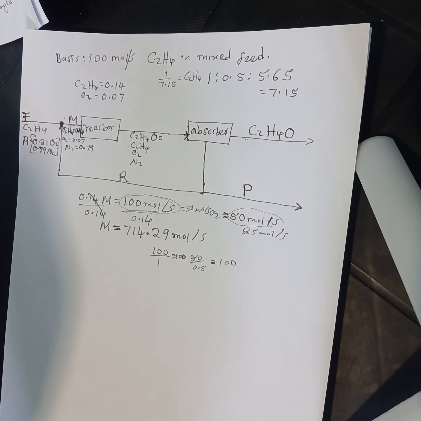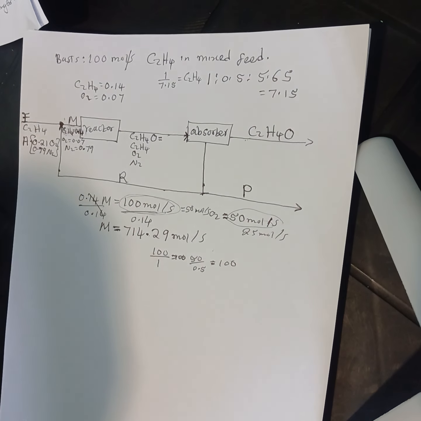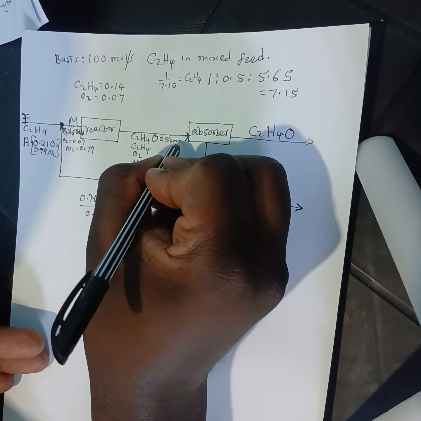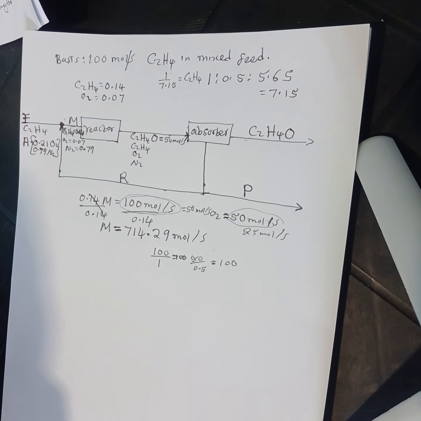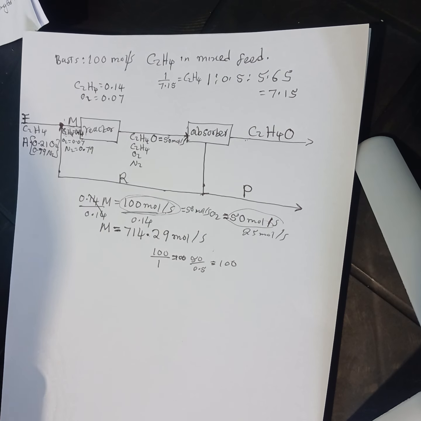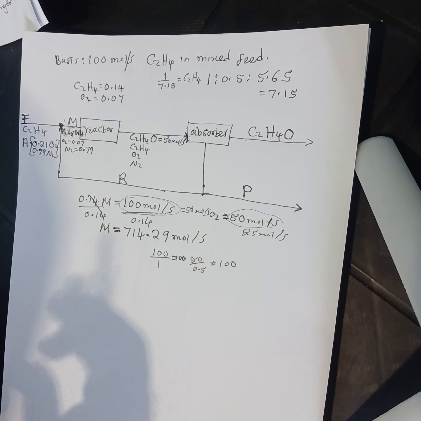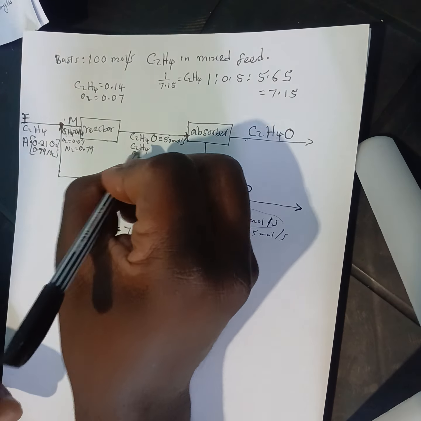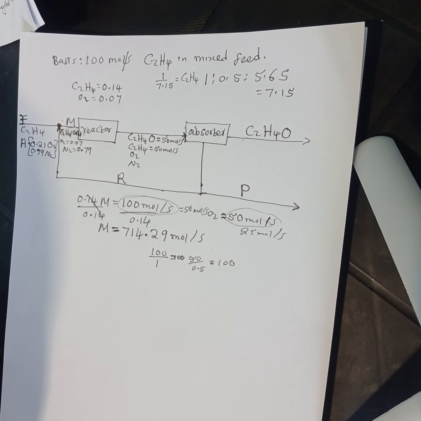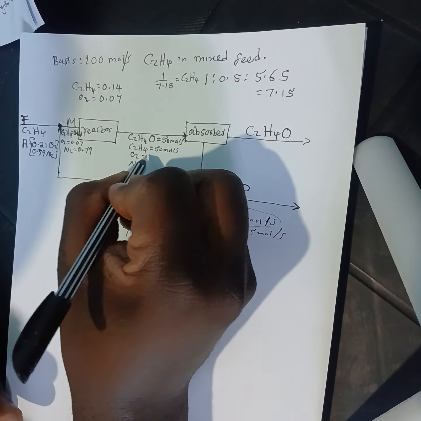So if we reacted 50 moles of ethylene, we produced 50 moles per second of the product. Meaning what is remaining here, ethylene, is 50 moles per second.